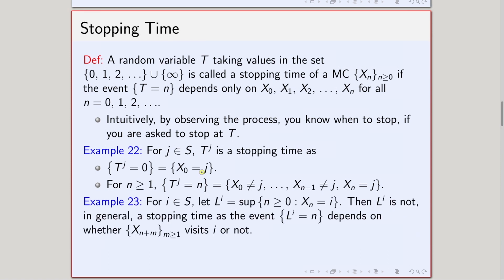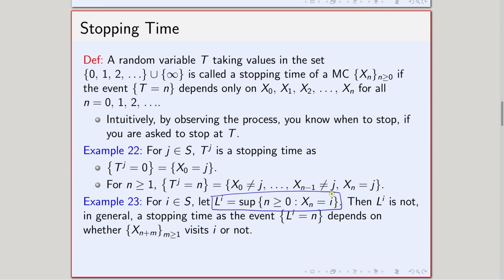Now let us take another example which is not a stopping time. In this case, suppose I take this definition; clearly this also can take values in the set 0, 1, 2 up to infinity.